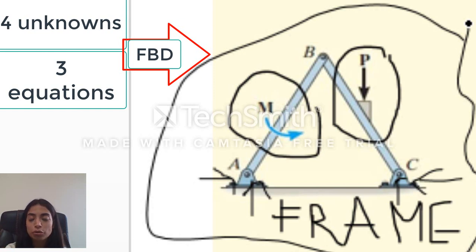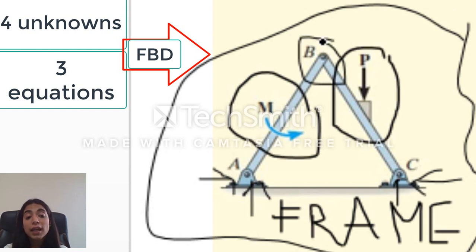I should search for the pin that is joining the members of this frame. So where is the pin joining the members of this frame? It is basically at B. So guys, at B, I have a pin, and I know that at a pin, I should have some reactions.